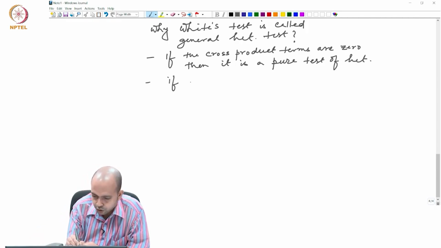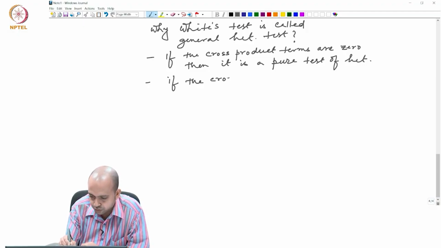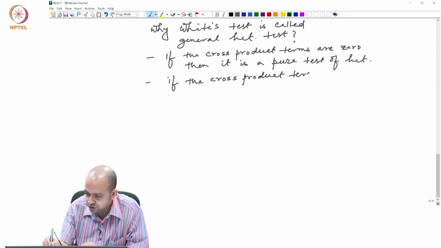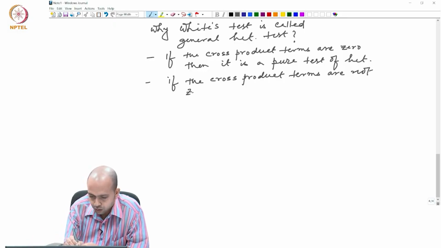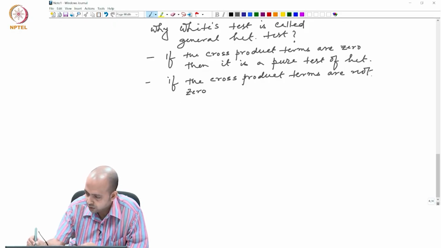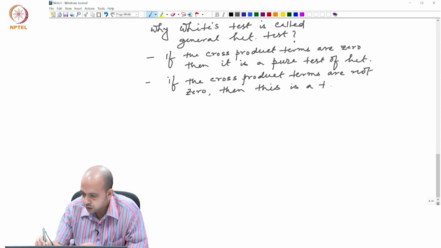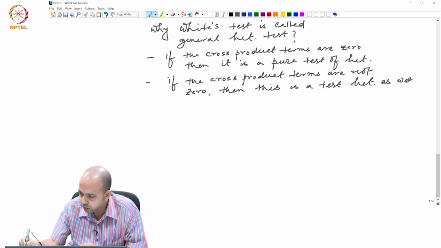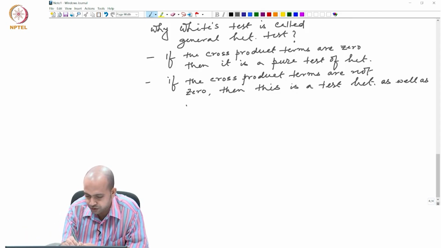If the cross product terms are not 0, then this is a test of heteroscedasticity as well as model misspecification.